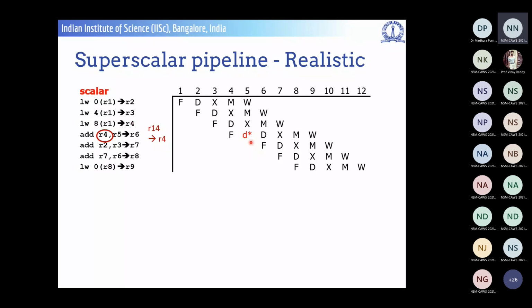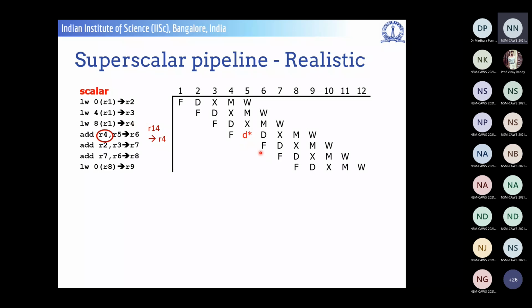In a typical pipeline, there will be a stall here in the decode stage, because until this load instruction gets into the memory stage and the loaded value is ready, it cannot be bypassed to the next instruction.